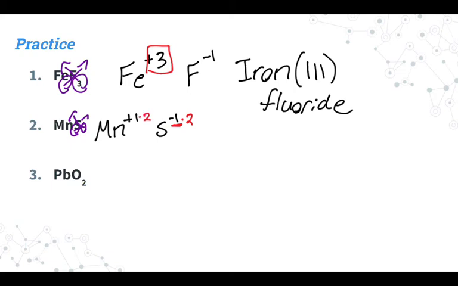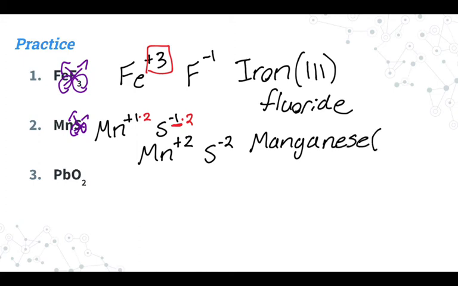So we're going to end up with our Mn plus 2, sulfur minus 2. And then we're able to go ahead and write the name. All right, our Mn being our manganese. It has that plus 2 charge, and then our sulfur becomes our sulfide. So manganese 2 sulfide.